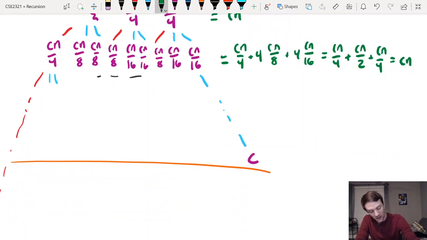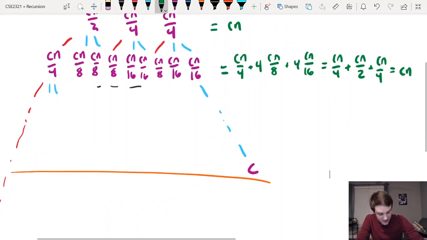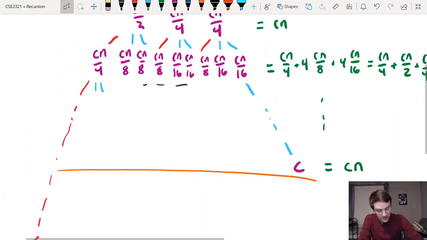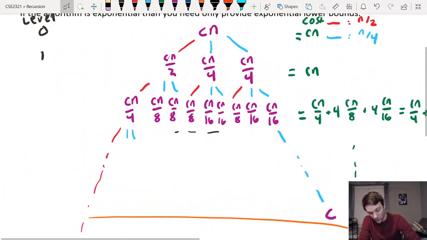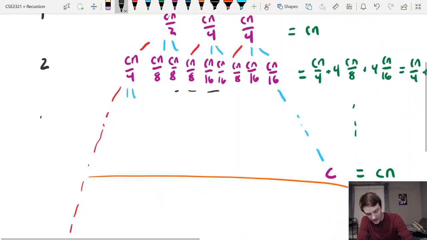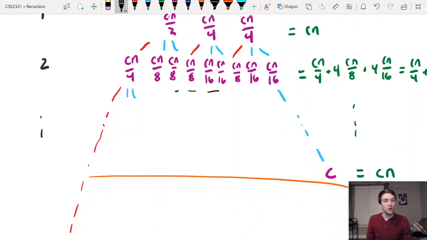And if I notice the pattern of Cn, Cn, Cn, this will keep happening for all of the levels until the first branch terminates. So the cost at each level is Cn. We have level 0, level 1, level 2, and then eventually we will terminate down here. In order to bound this from below, I must determine the length of the path that terminates first. In this case, that's the rightmost path.